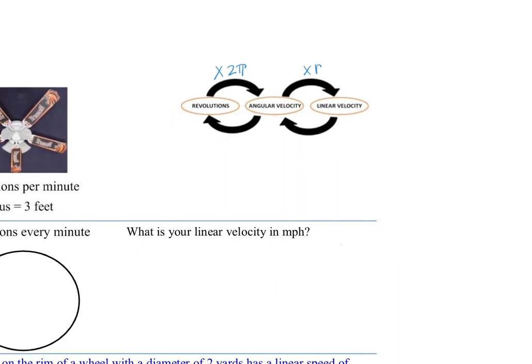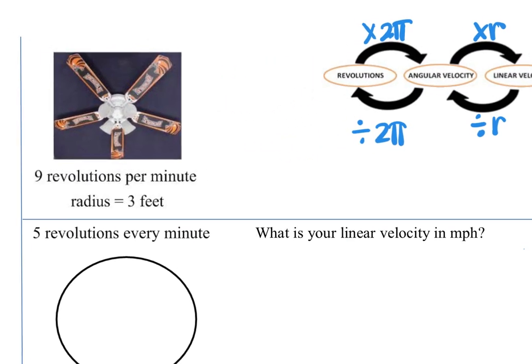If you're going backwards from linear velocity to angular, you divide by r. And to go from angular velocity to revolutions, you would divide by 2 pi. So notice you're either multiplying or dividing by that, depending which direction you're going. That's a little shortcut to help you remember it.